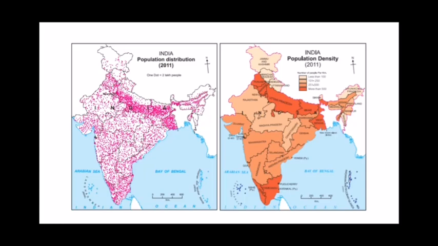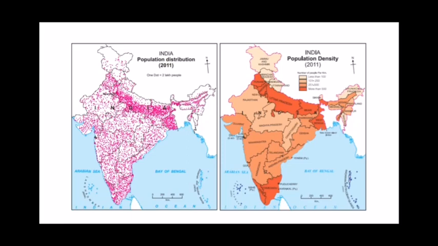If you look at the dotted map, you can see that the population is mostly distributed around the North Indian plains because we have the rivers and fertile land there. Physiography, climate and different types of soils play an important role in the distribution of population.